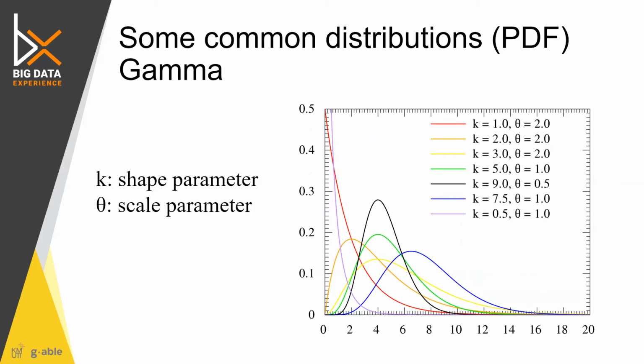The normal distribution has a location parameter and a scale parameter. Gamma distribution contains two parameters: the shape parameter k and the scale parameter theta.